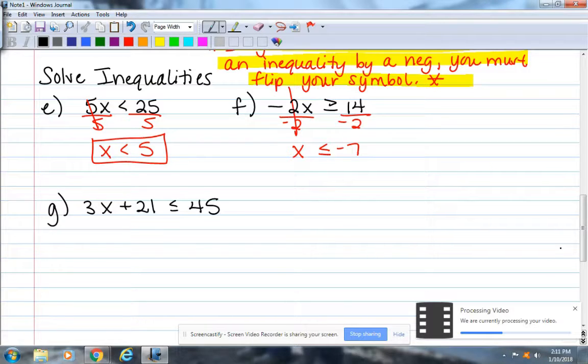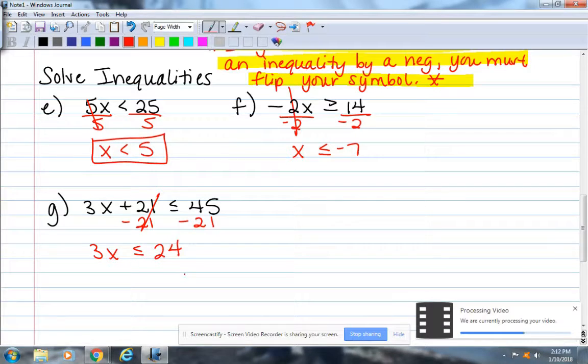All right. So let's solve this one for x. So again, we're going to use the same processes as we do when we are solving equations. So how are we going to do this? Very good. Subtract 21 on both sides. And then we'll get 3x is less than or equal to what? 24.